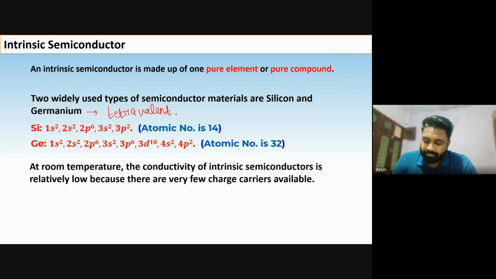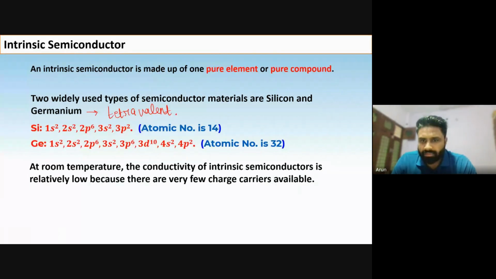This is happening because at room temperature no significant thermal agitation takes place. Thermal agitation is the external energy we provide for the valence electrons to jump into the conduction band. The reason for the low conductivity is that we do not have sufficient conduction electrons in the conduction band.